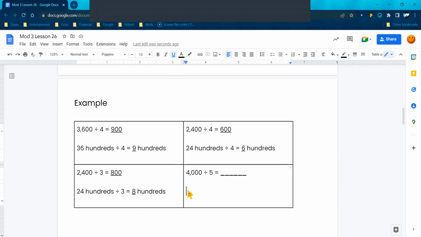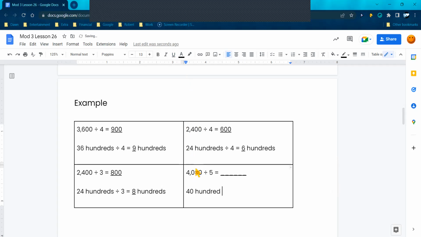And let's do our last example. I have 4,000 divided by 5. I know this one can sometimes be a little hard, but watch. It's not just 4,000. It can be 40 hundreds. So I'm going to write 40 and then hundreds.